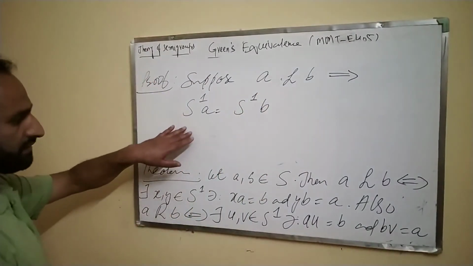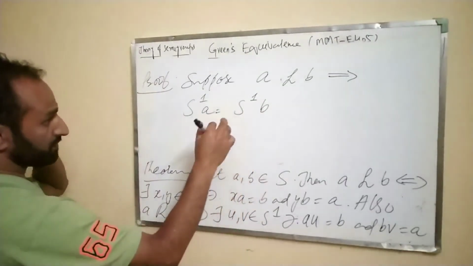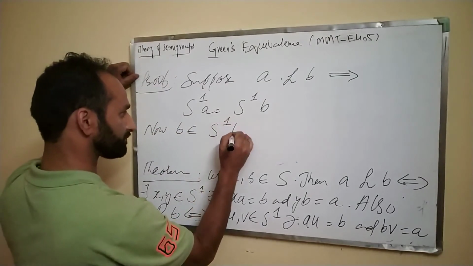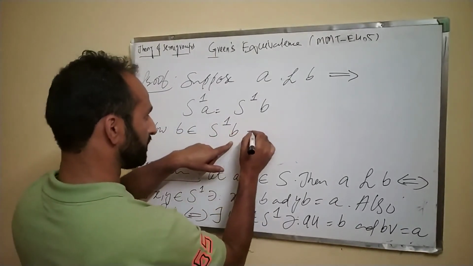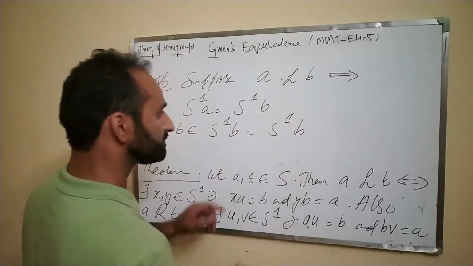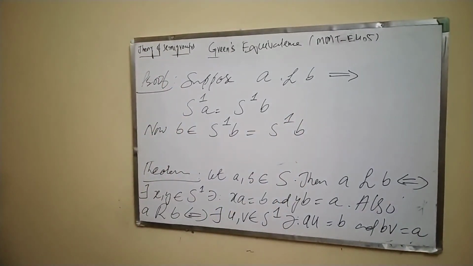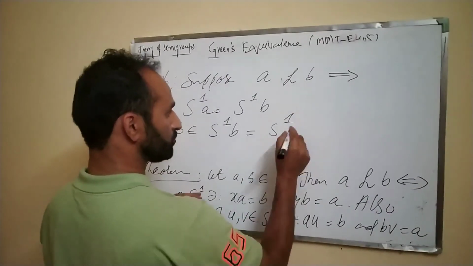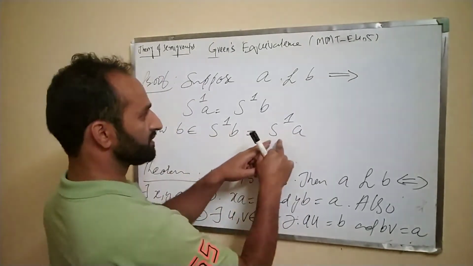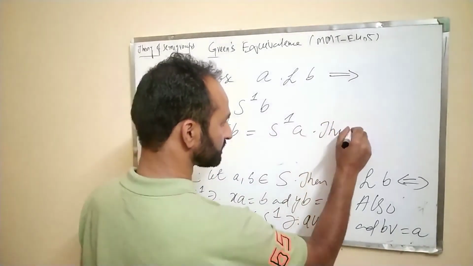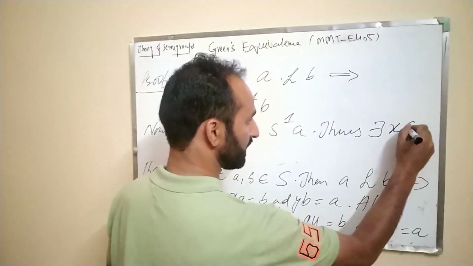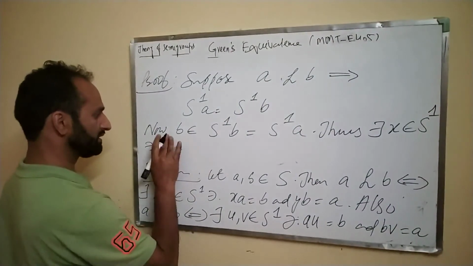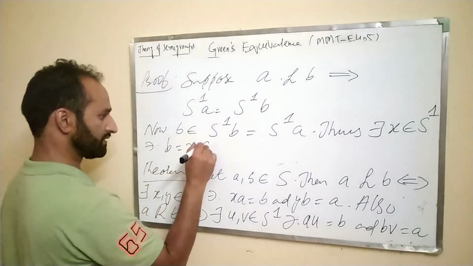Now since B belongs to S1B, because B is equal to 1 times B, that's the same as S1A. So B is an element of S1A. Thus there exists X in S1 such that B is equal to XA.